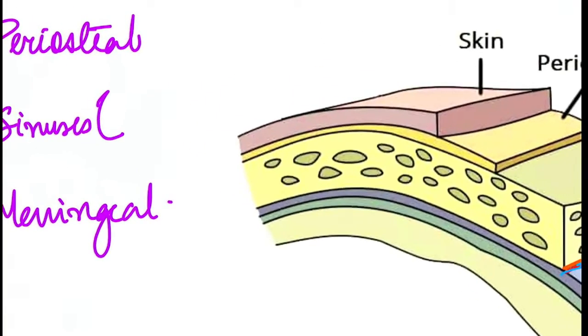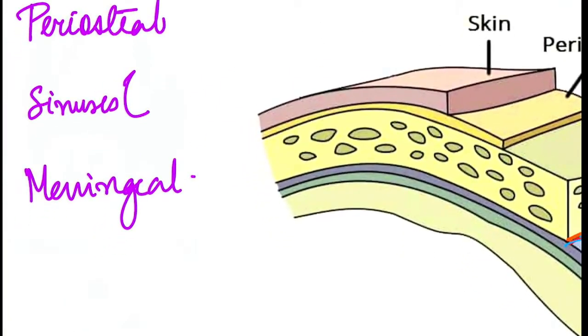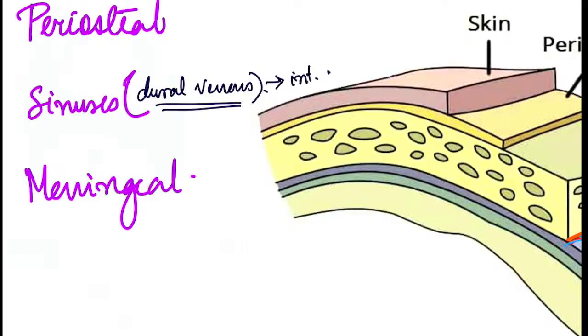The name of the sinus is the dural venous sinus. This dural venous sinus is responsible for the venous drainage of the cranium. They take blood from the cranium and empty it into the internal jugular vein.